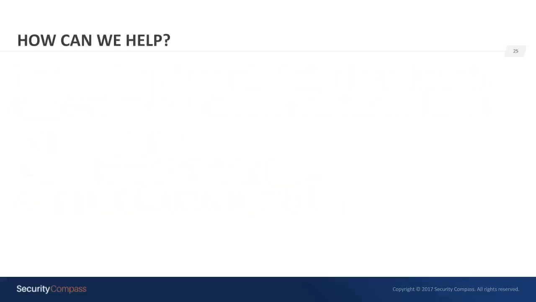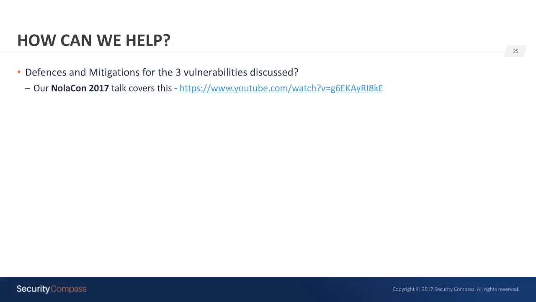And to wrap things up, how can we help? And when I say we, I'm talking about Security Compass, my current employer. There are a whole bunch of ways in which we can help. The very first thing is that if you're also keen on knowing about the defenses and mitigations for the 3 vulnerabilities that we discussed, this same talk was first presented in a much more detailed manner, which covered defenses and mitigations, at NOLACon in 2017.